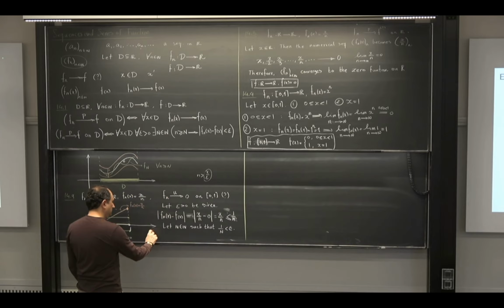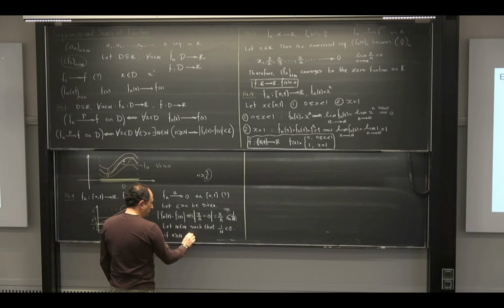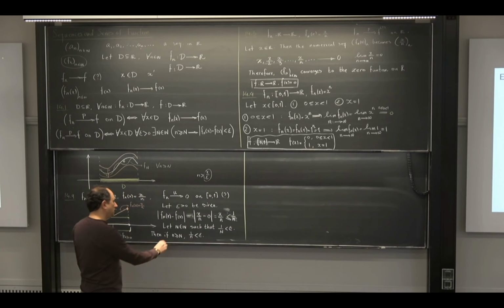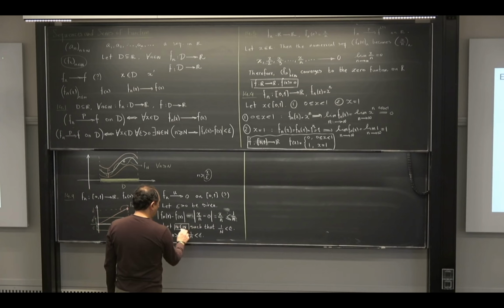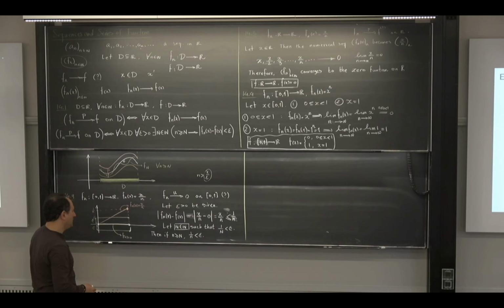Then, if n is greater than or equal to that n, 1 over n is also less than epsilon. And I am done. So this n, I didn't even tell you what that n is. I'm just telling you that there is such an n. Is that clear?